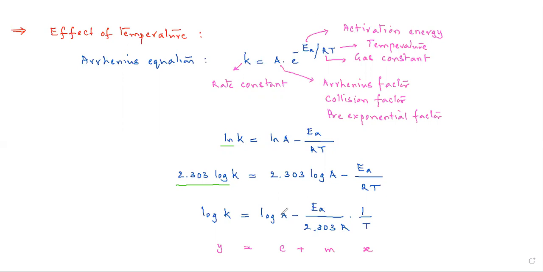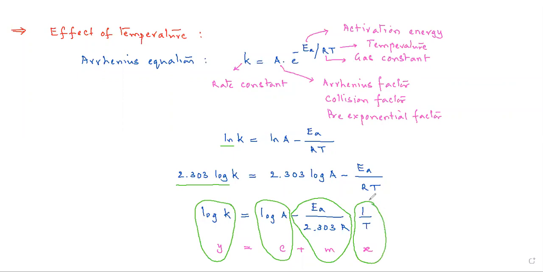Now log k is taken on y-axis, this is the intercept, then this of course is the slope, and this is x-axis. Let us plot a graph here itself.